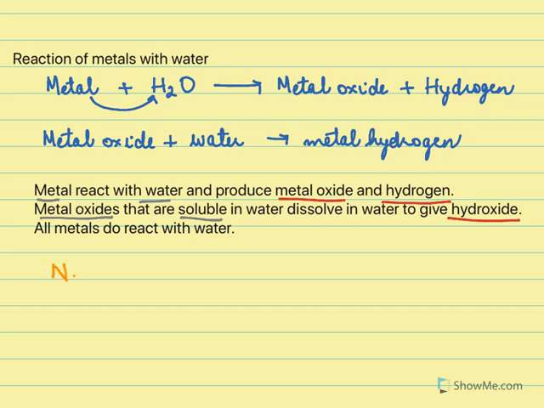Now when sodium reacts with water, it will give you, like we said, sodium oxide plus hydrogen. However, the sodium oxide will dissolve in water to give you sodium hydroxide.